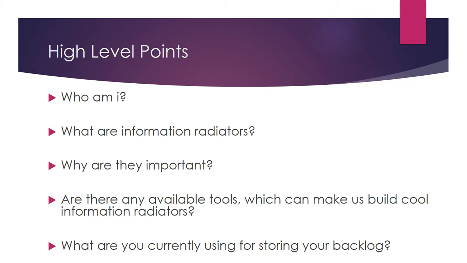So why are they important? The first thing is they promote transparency and visibility, which is a key value of Agile. Another important thing, as I already said, is that they are a very rich medium to convey what your impediments are.